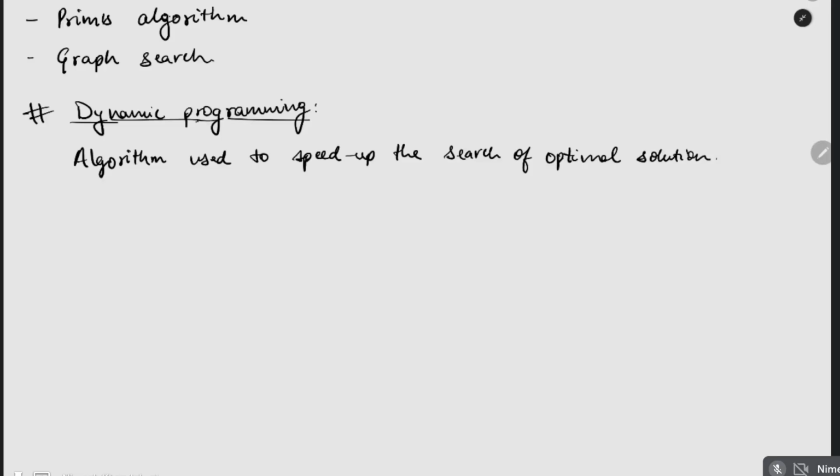So, when can this speed up the search for the optimal solution?